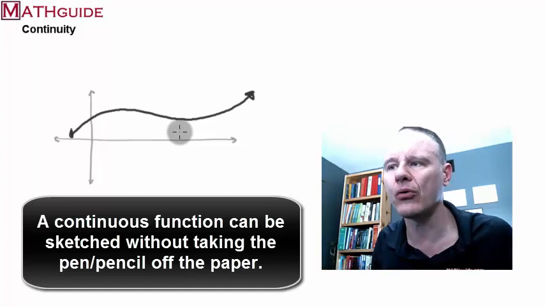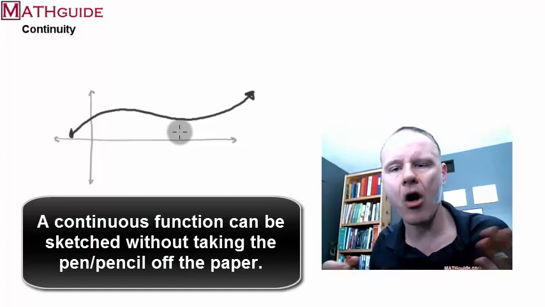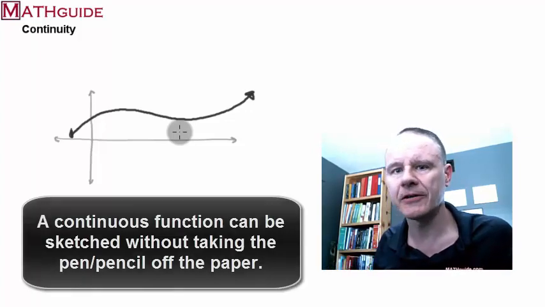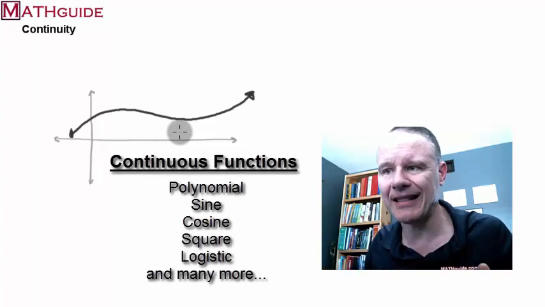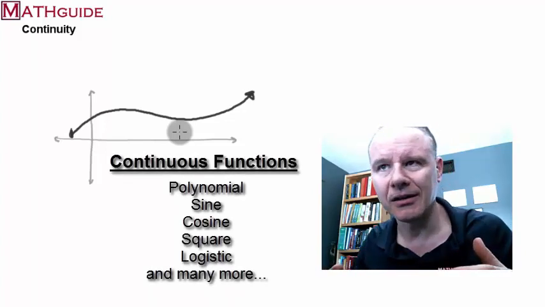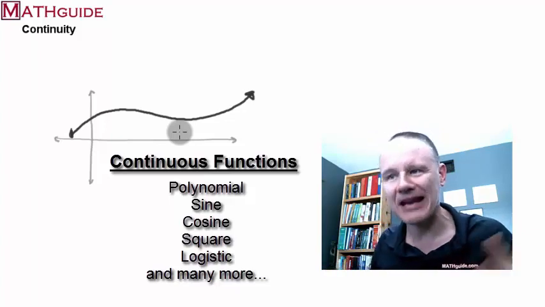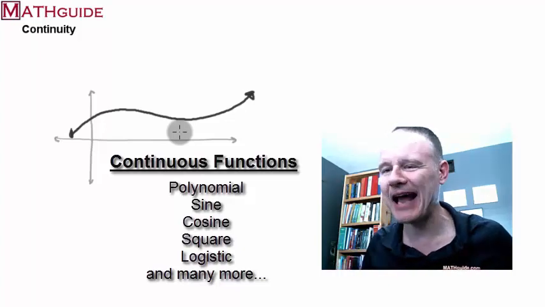In other words, there are no holes or jumps. So a polynomial function, they're all continuous. Sine function, continuous. Any function that can be drawn like that, like a logistic function, square function, many functions like that. Okay, there you go. So that's the simple explanation.